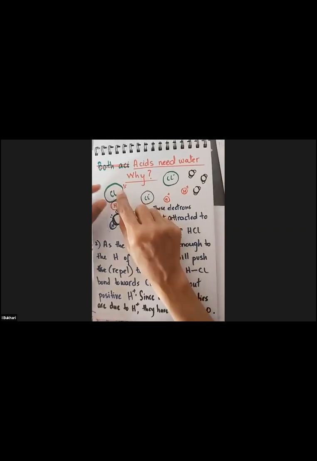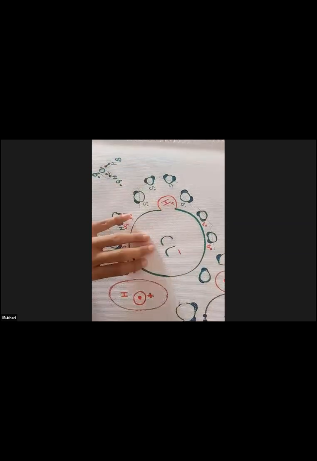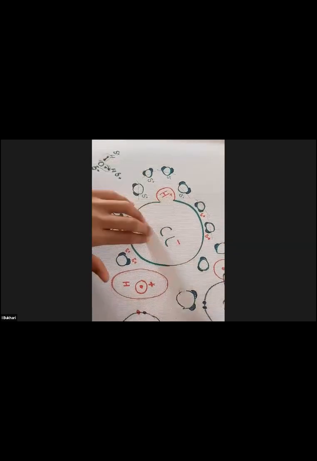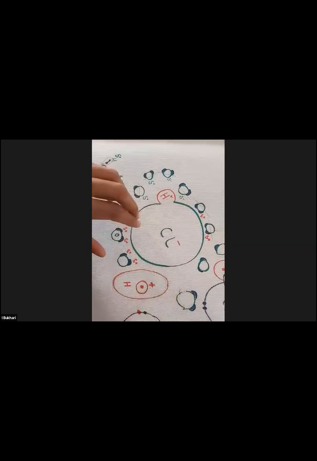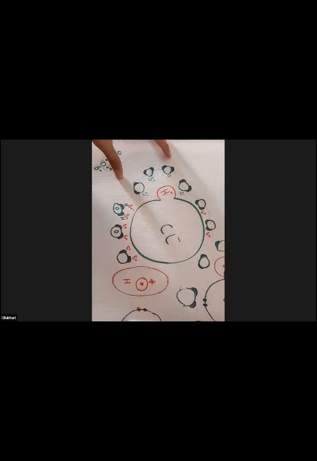So hydrogen chloride is a simple covalent molecule, meaning that it is not an ion. If it is not dissolved in water, it's a molecule. It is neutral. Okay, that's why hydrogen chloride gas will not give you acidic properties.